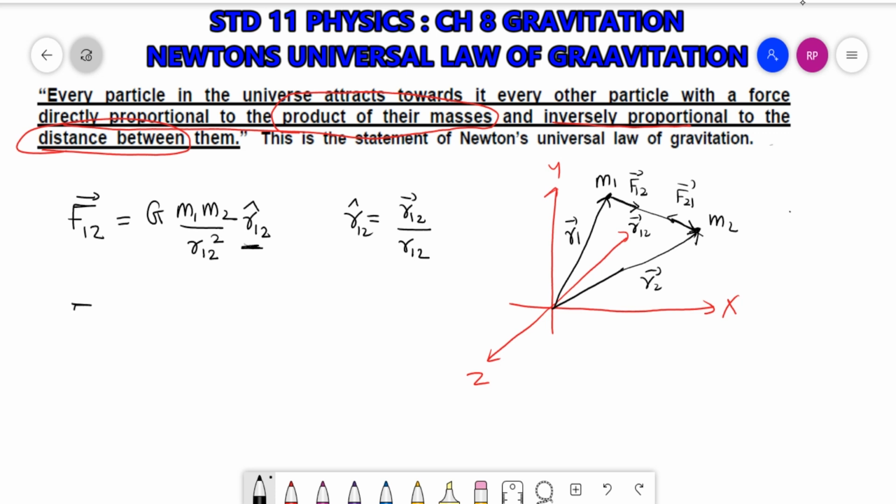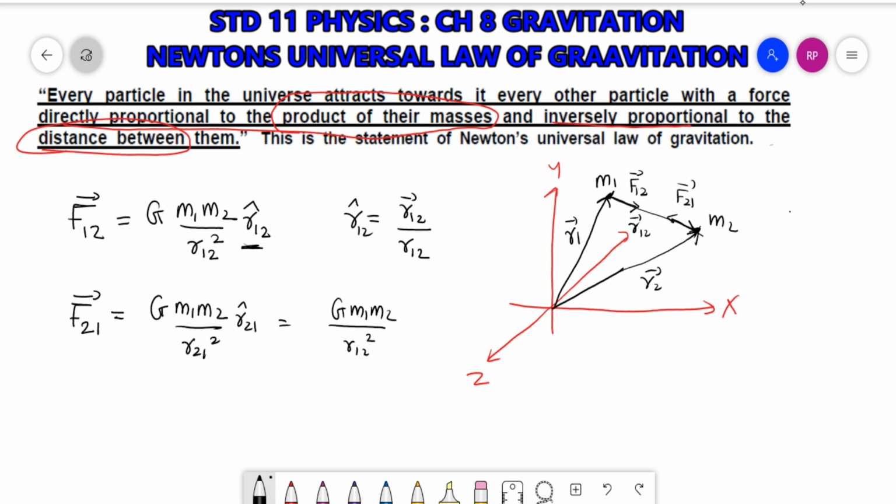Similarly, the force acting on 2 due to 1 will be G m1 m2 upon r21 square times unit vector r21. R21 means the same distance between m1 and m2. If I take magnitude, then r21 will be equal to r12, so that will be G m1 m2 upon r12 square.